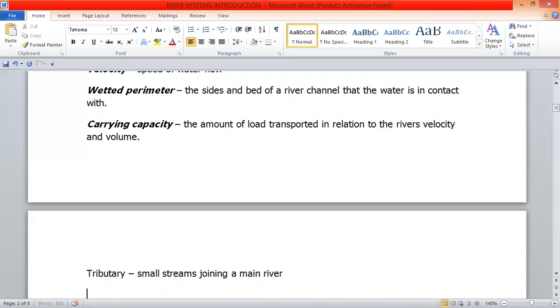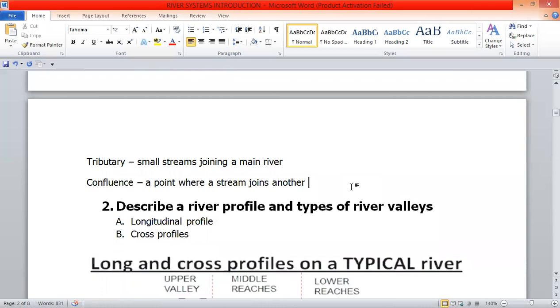We also have a confluence. Confluence is a point where a stream joins another. It's the point where two streams join each other. So that's another definition that you should know.